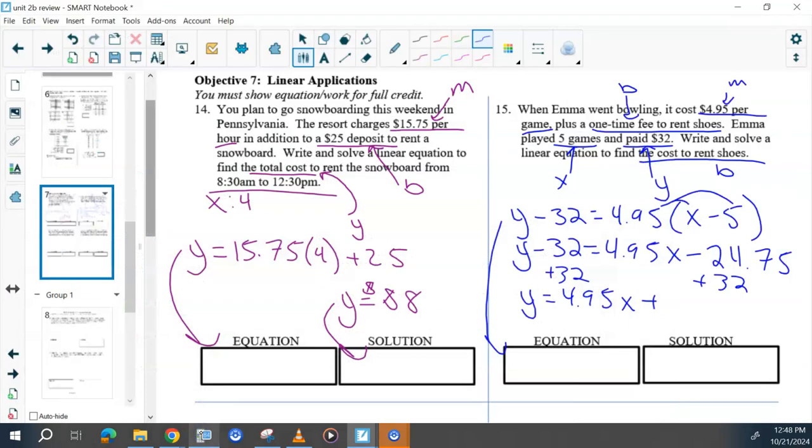So 7.25. So B, the cost to rent shoes, would be $7.25. If you put this equation, or if you put that equation instead, I would take either or. Questions on that one?